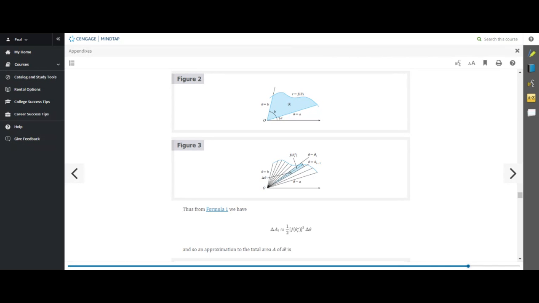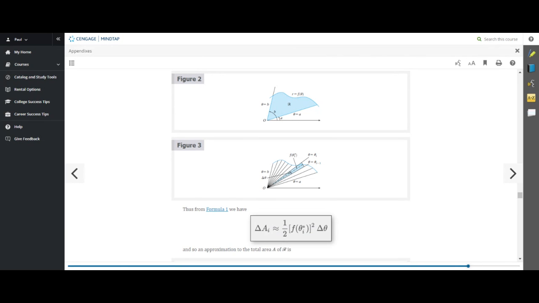Every little piece of area, delta A, is equal to 1/2 times the radius f of theta squared. The ith piece of area, delta A sub i, is equal to 1/2 times the radius squared times delta theta. Delta theta is the difference between the starting and ending angle of the ith circle sector, and that's always going to be the same.